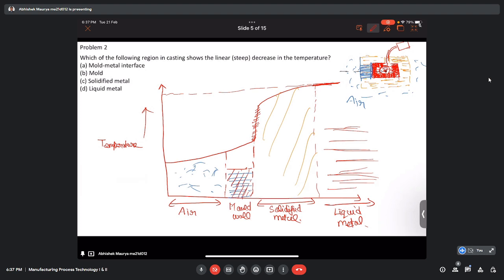After that, what will come? This interface is the interface of solidified metal and molten metal.